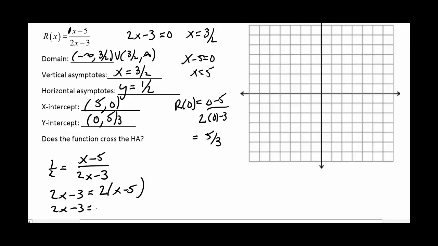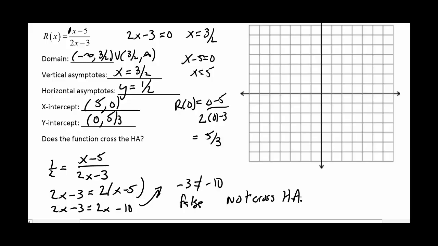So 2x minus 3 equals 2x minus 10. And I'm about to find an issue. When I put the x's together, the x's disappear, and I'm left with negative 3 equals negative 10. Well, that's false. So what does that mean? That means it does not cross the HA.